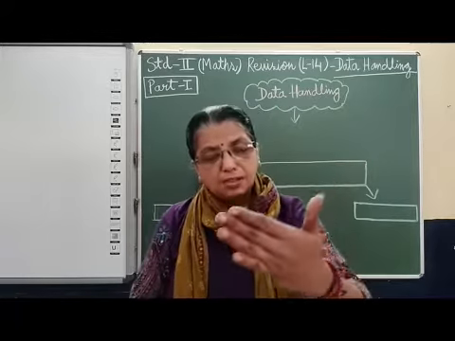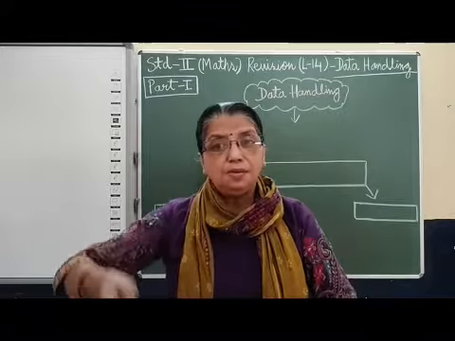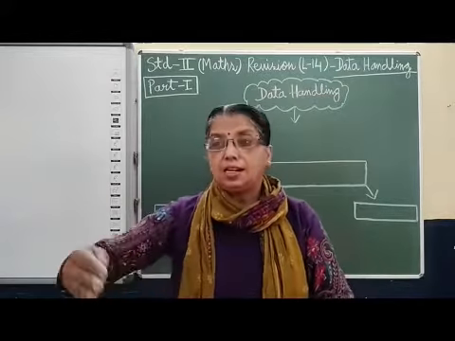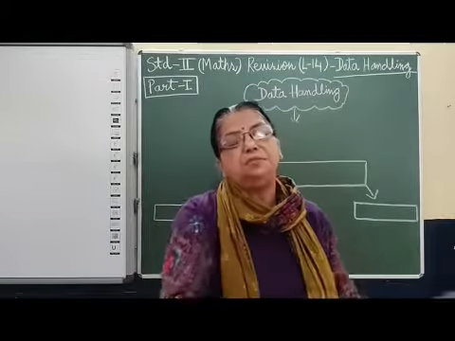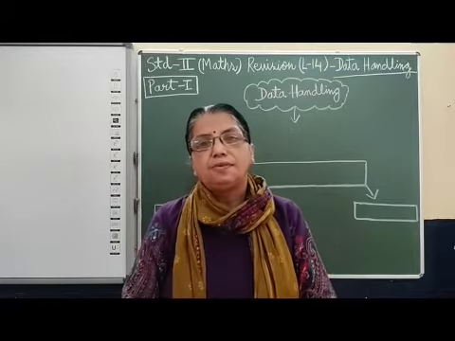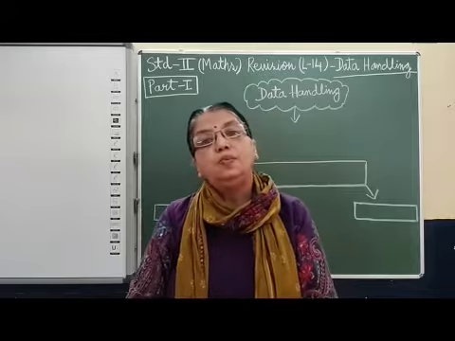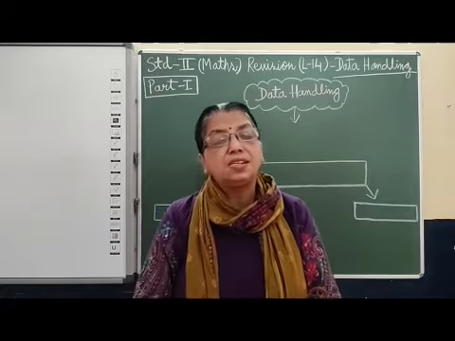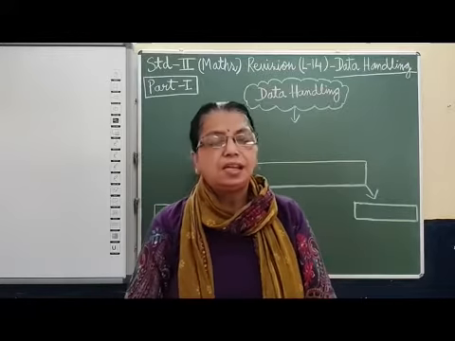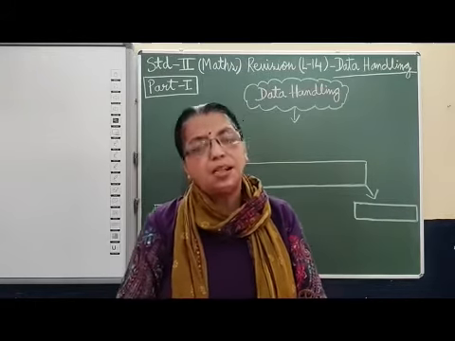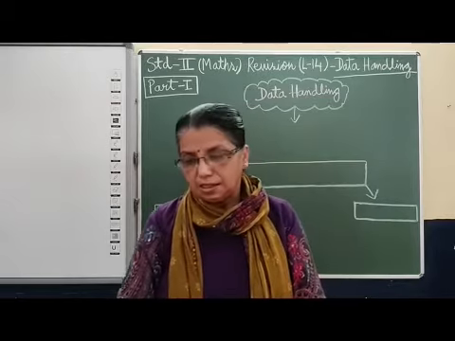For that also counting the population is needed, how many people in our country are above this limit and below this limit of age. So all these things, if we represent the collected information, that is called data handling. Previously also we have learned, now also we are revising so that you can recall everything.